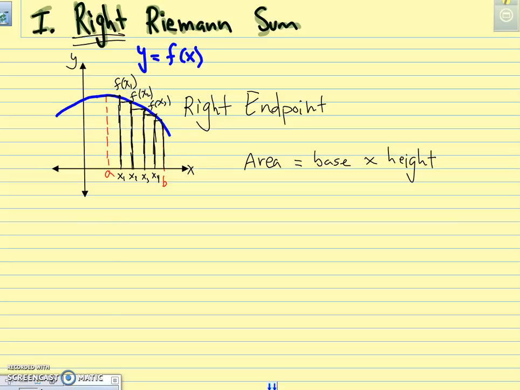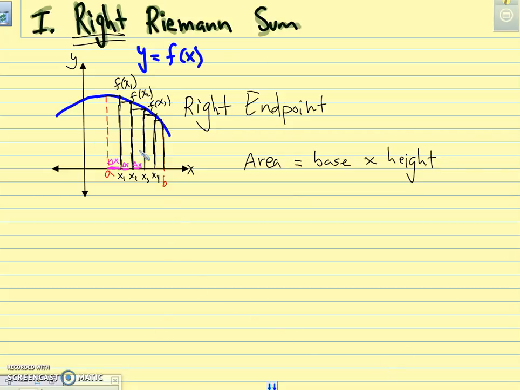So we have a height of f of x sub 1, and we have a base of, remember that this is called delta x. So the change here is x. Between a and x1, we have delta x, a change of x. We actually have delta x on all of these here. That's delta x, that's delta x, and so on.